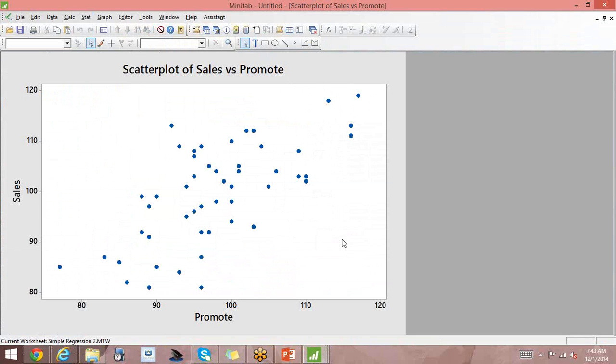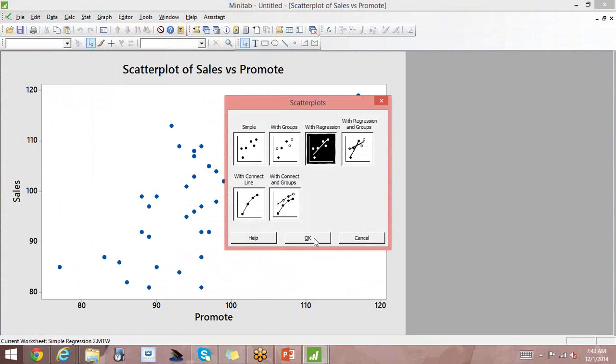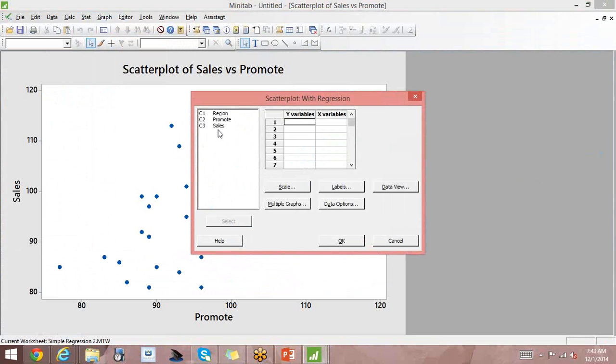Can we at least comment on that? Negative. Why negative? No, let me do this again. You're a little confused, so let me go with the regression line actually. Sales, promote.